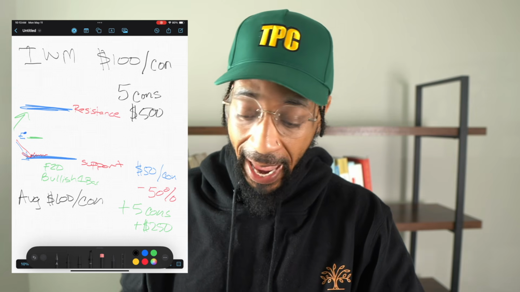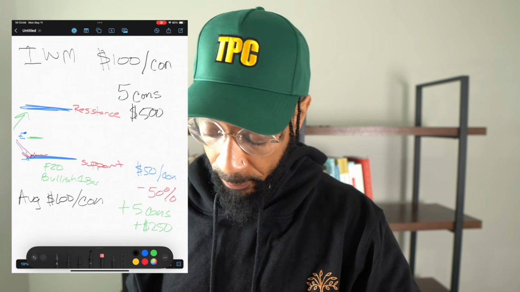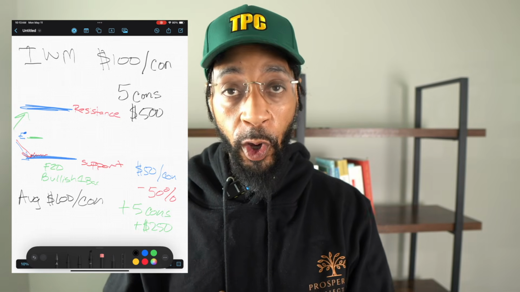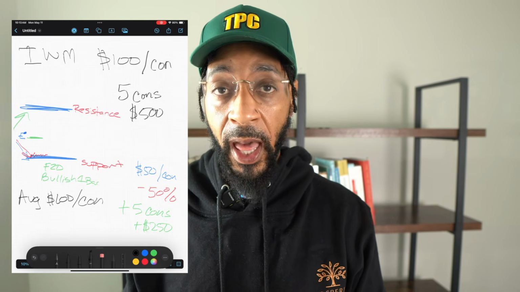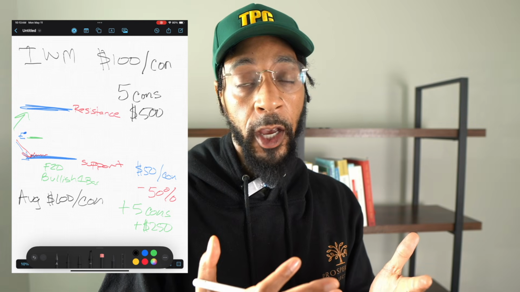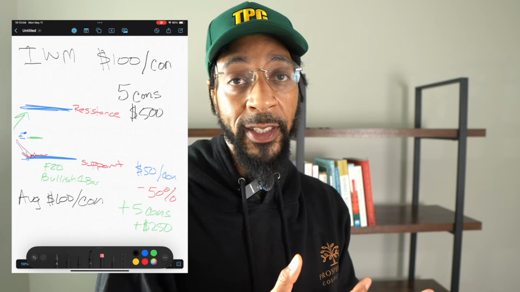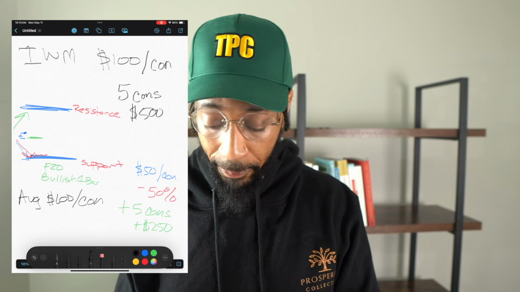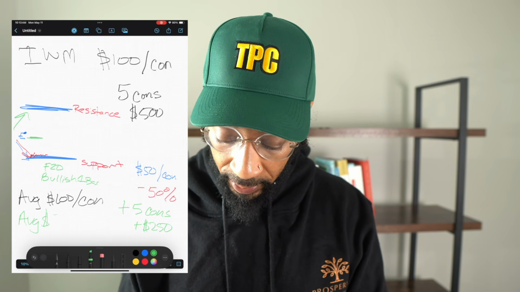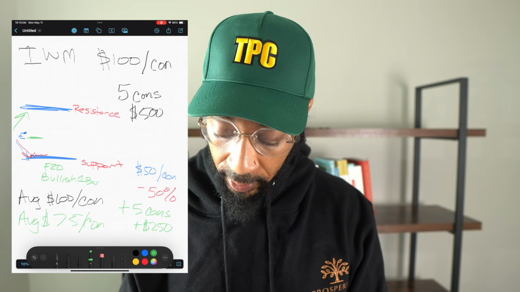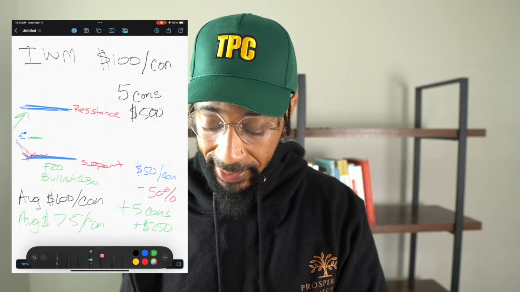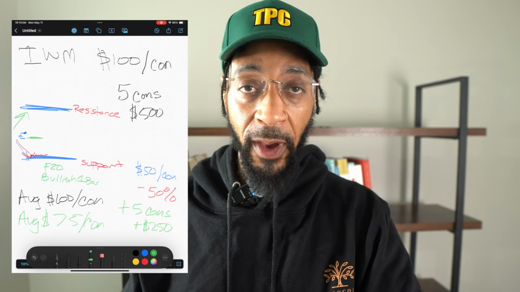But when you add those 5 contracts, now you have 10 contracts and a total position size of $750. So if you have 10 contracts and it was $750, that means that each contract now, your average price is $75 per contract. So you dropped your average price by $25 a contract.